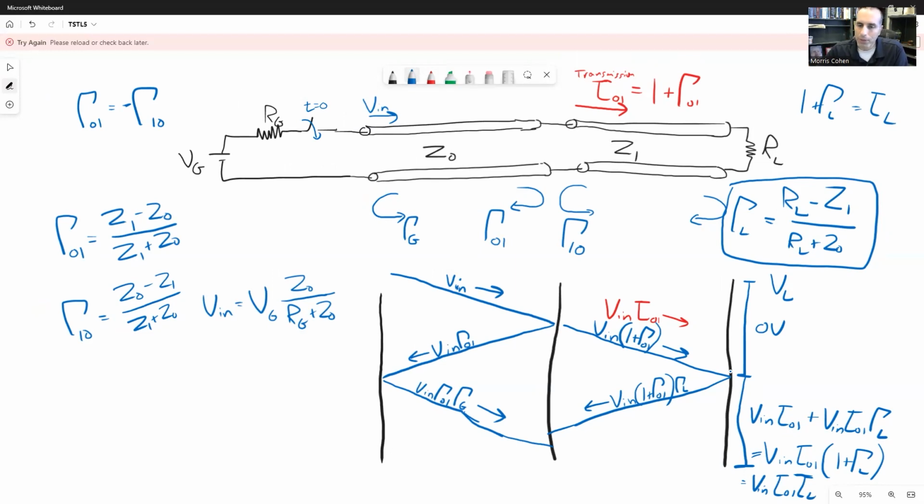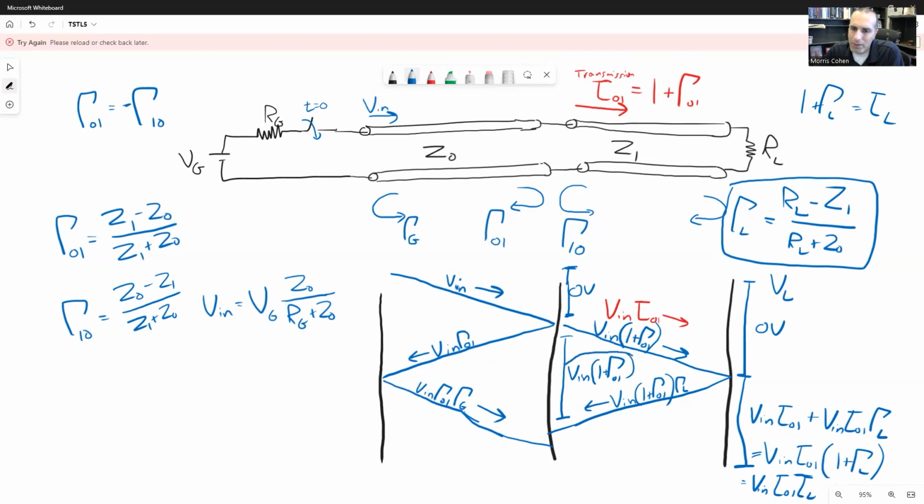You can repeat the same process, but let's ask this question. What is the value of the voltage at the junction between these two transmission lines? Clearly in this region here, it's going to be 0 volts. But what is it in between? To do that, we're again just going to follow the same process: we have a Vn plus a Vn gamma 0,1, so this voltage right here is going to be equal to Vn times 1 plus gamma 0,1.